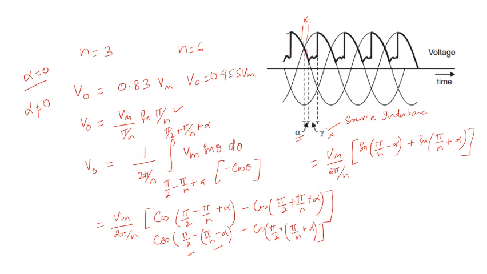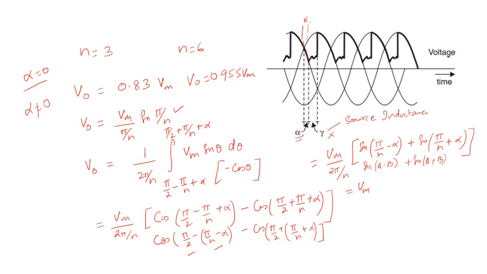Next, if you add these two terms, you use the formula sin a minus b plus sin a plus b.